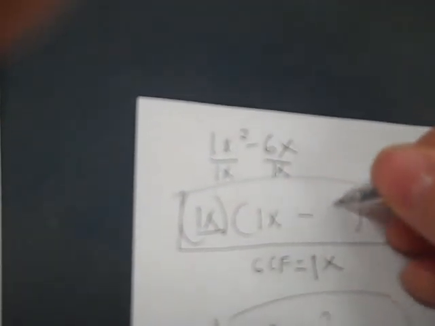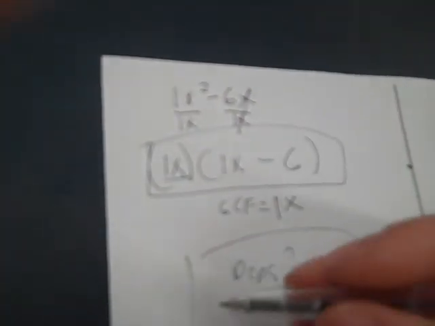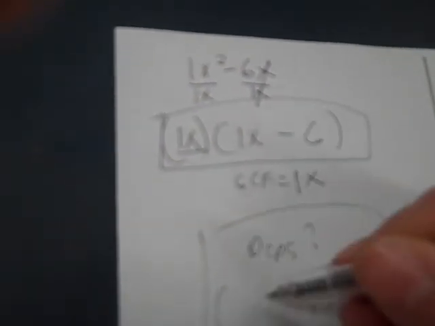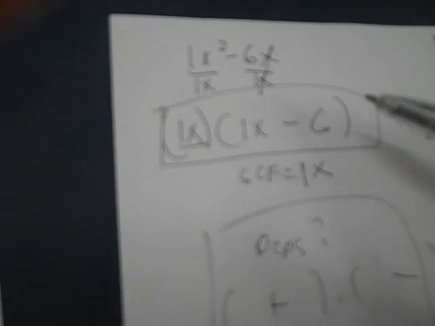So 1x minus 6. Cancel those x's. DOPS, doesn't appear I have any. Okay. I have a minus, but that ain't to the second power anymore. Can't do it. So I rewrite this as times 1x, not in parentheses, times 1x minus 6. Don't put your GCF in the parentheses, okay? Don't do that.